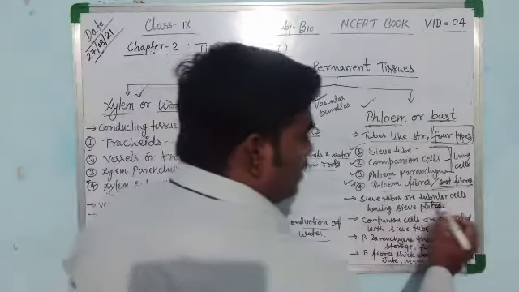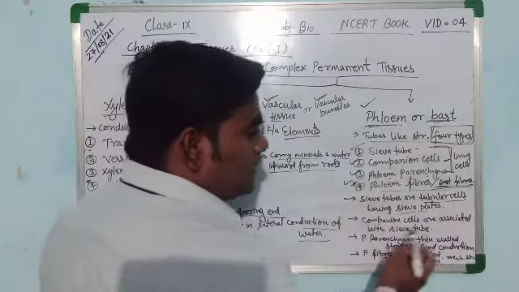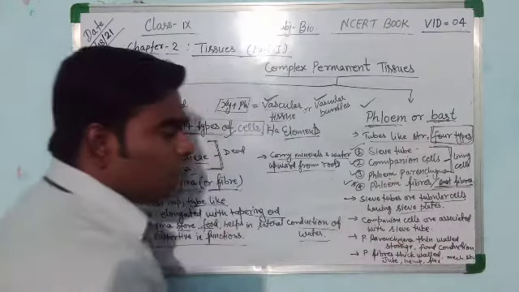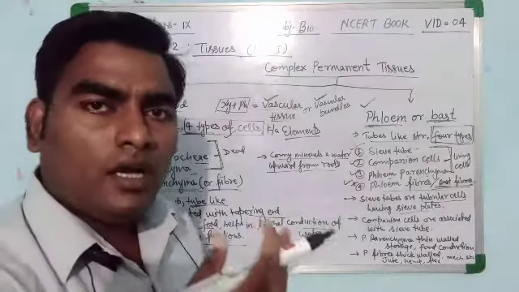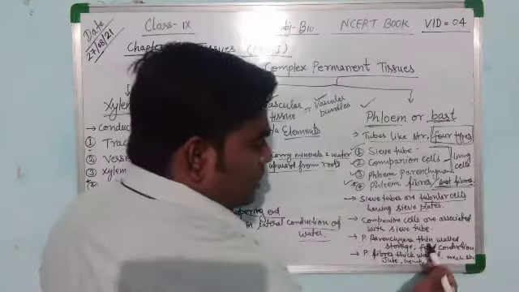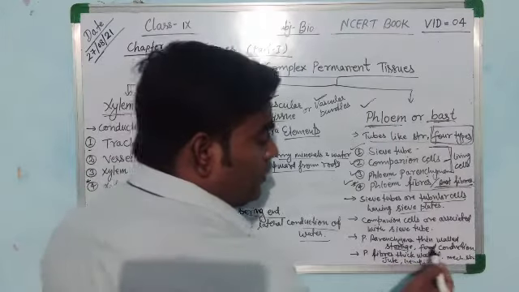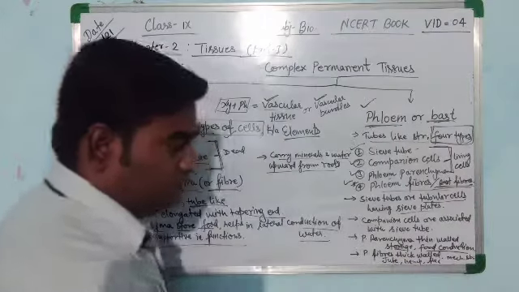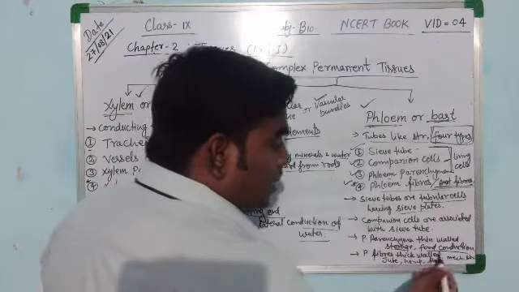Sieve tubes are tubular cells having sieve plates. Companion cells are associated with sieve tubes and are perforated, having numerous pores. Phloem parenchyma is thin walled and helps in the storage and conduction of food, whereas the phloem fibers are thick walled.